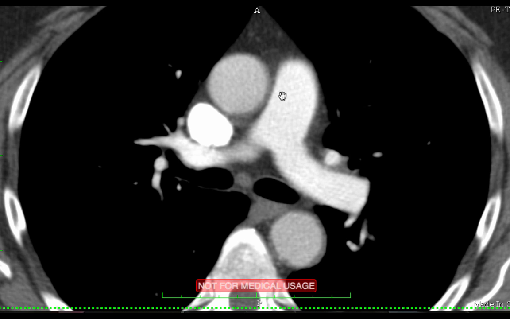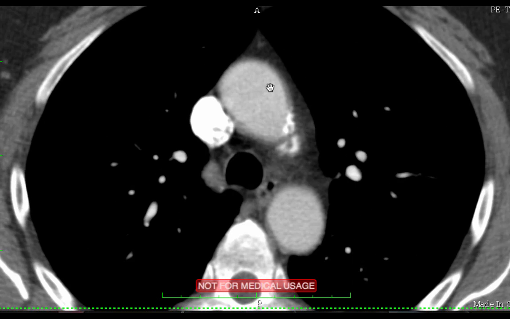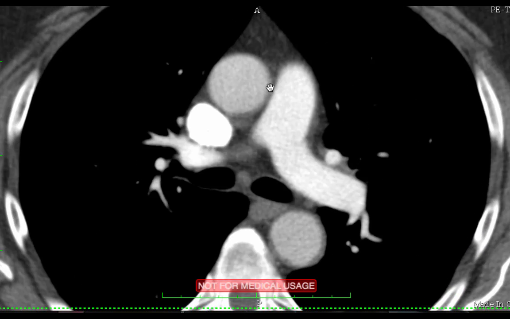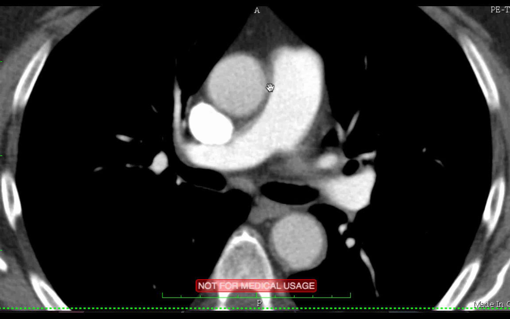Because this is where, in development, these two arteries are one artery. And what happens is a septum divides one from the other. And from top to bottom, that septum forms and divides this main fetal artery into a main pulmonary artery and an ascending aorta.